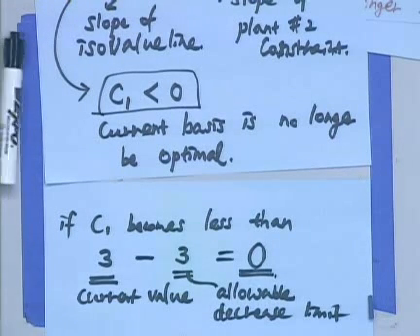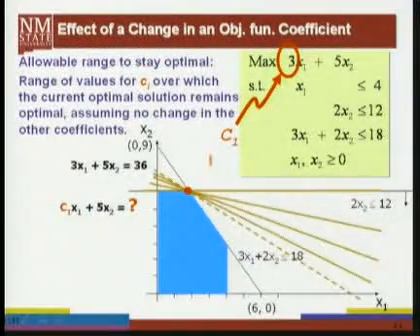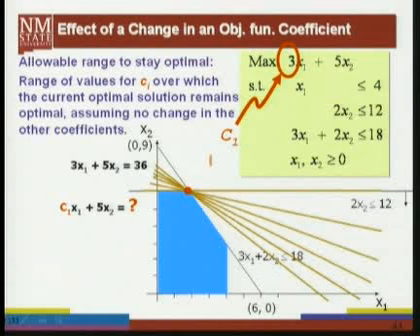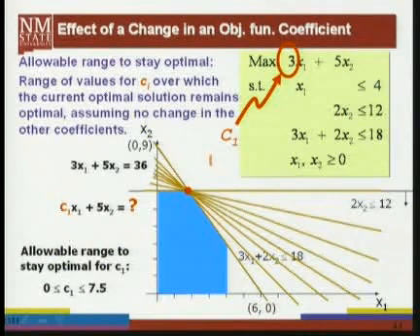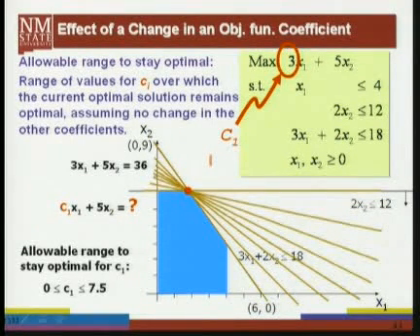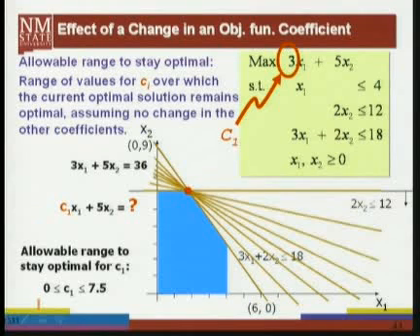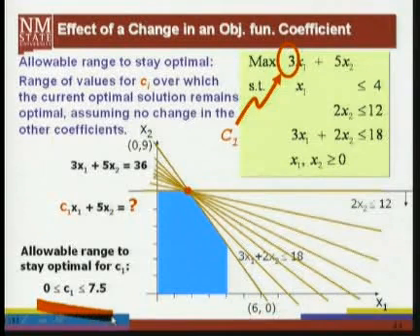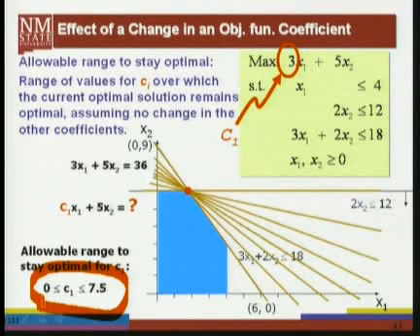So let's go back to the computer screen. In summary, we have shown that if all other parameters remain unchanged, the current basis remains optimal for C1 greater than or equal to 0 but less than or equal to 7.5, right here.